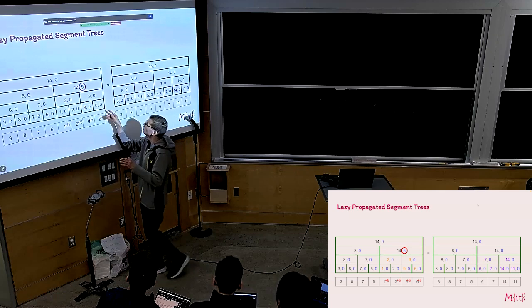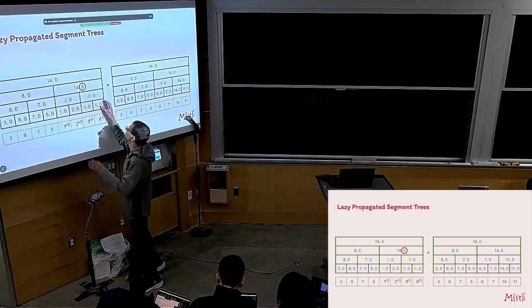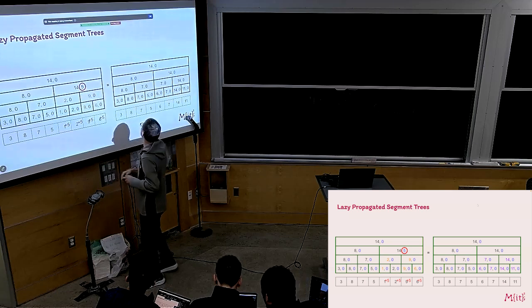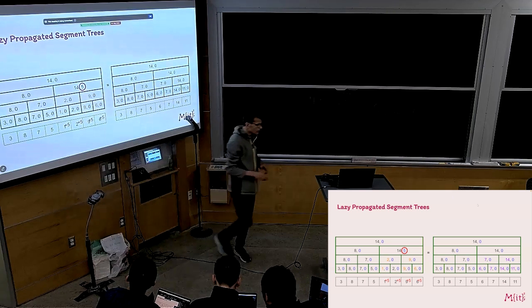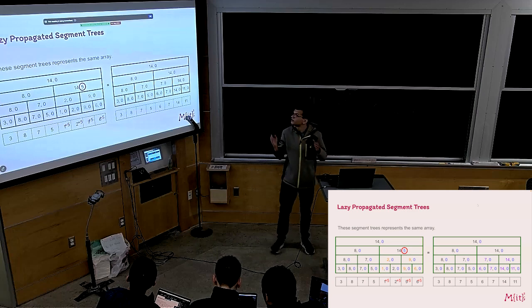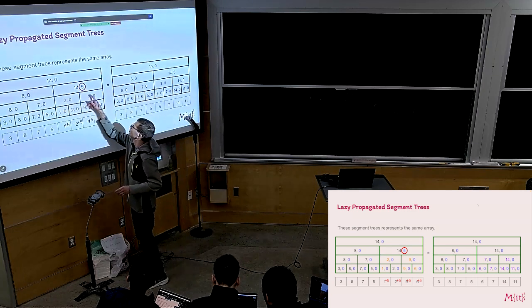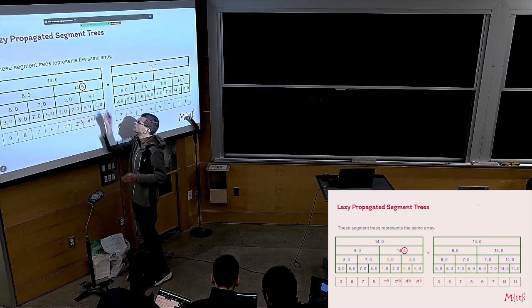But we do not do any computations on this entire subtree, and we instead just store this lazy value, because that will represent the fact that all of these values still need to be increased by 5.